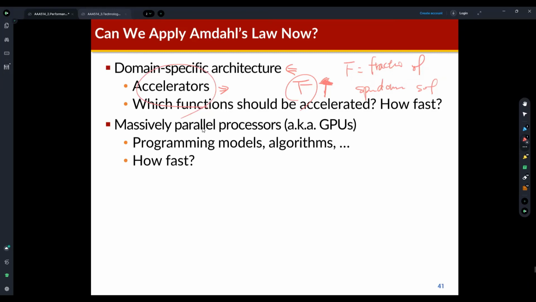That's why domain-specific architectures are very popular recently. So you can also apply Amdahl's law to the current trend of processor research.